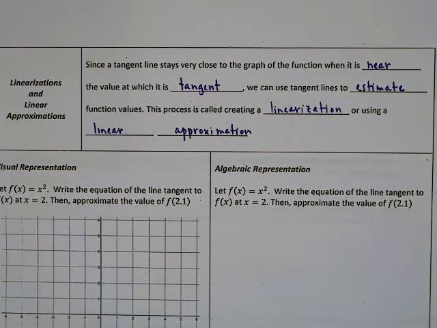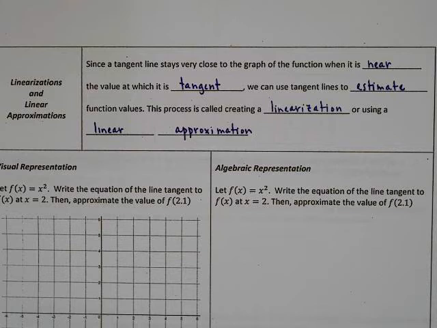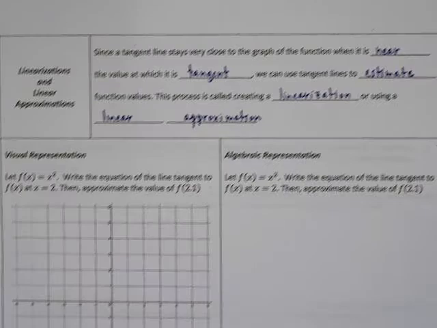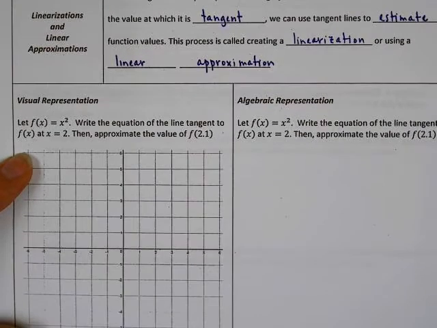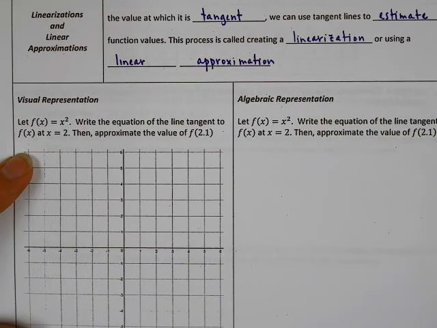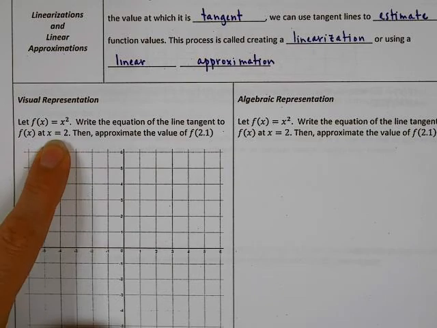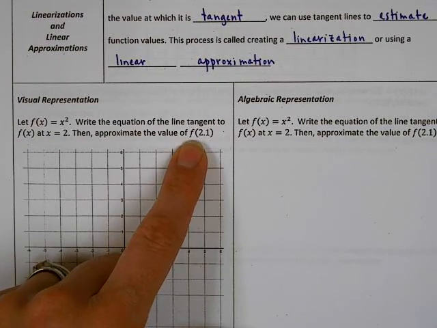Okay, so let's go ahead first and get a visual representation of this just so we know exactly what's happening here. We're going to use that same question from the top of the page. So our function is x squared, and we're going to be talking about the tangent line to f of x at x equals 2, and then the approximate value of f of 2.1.